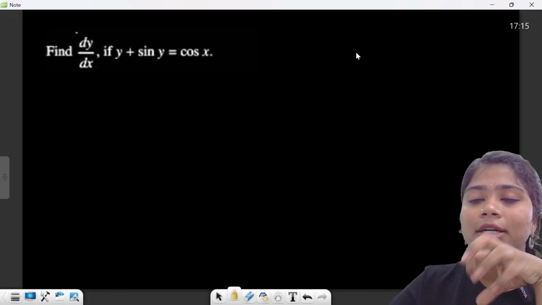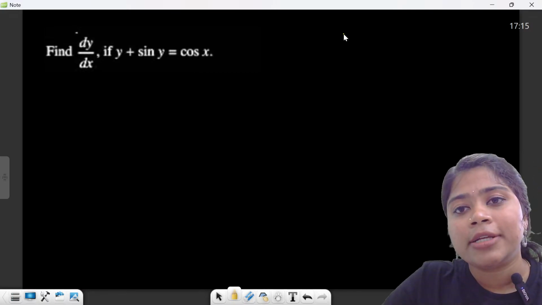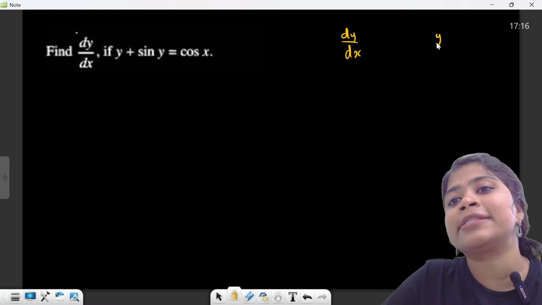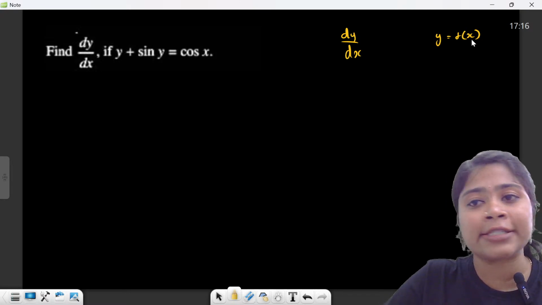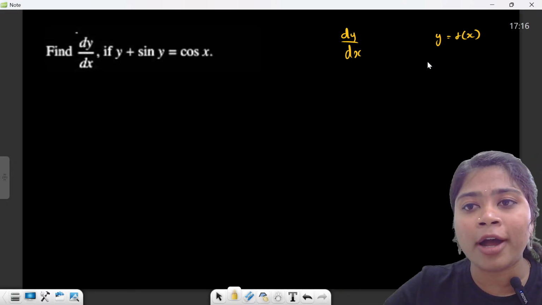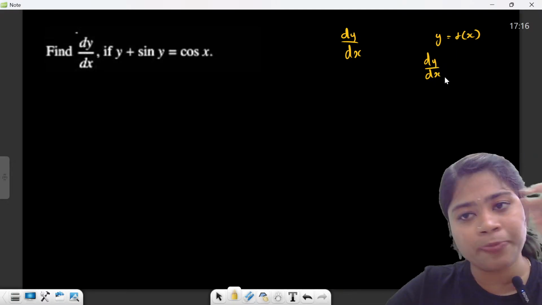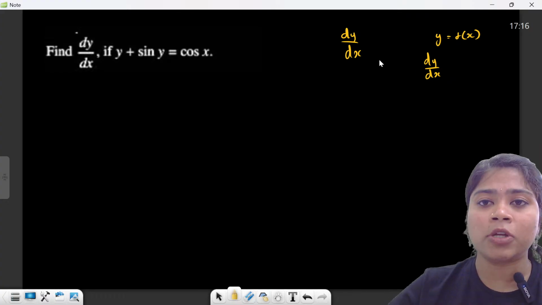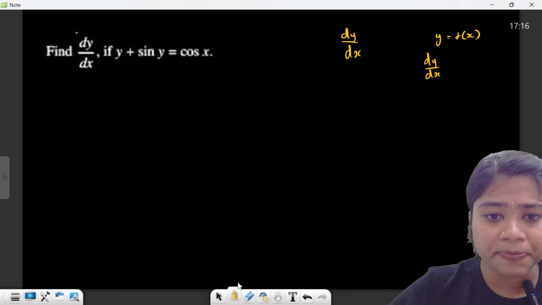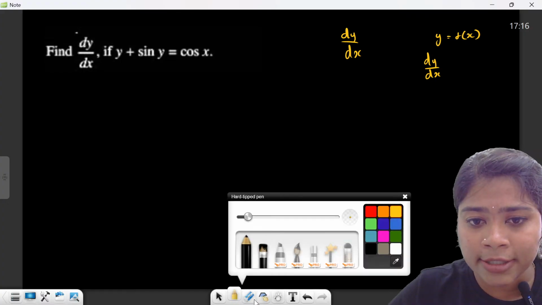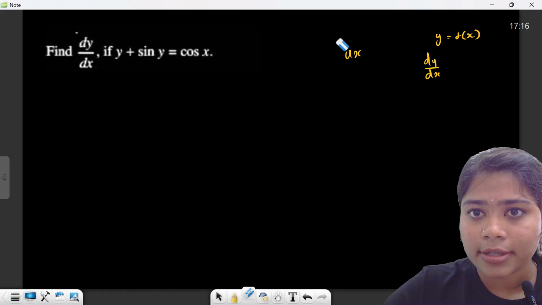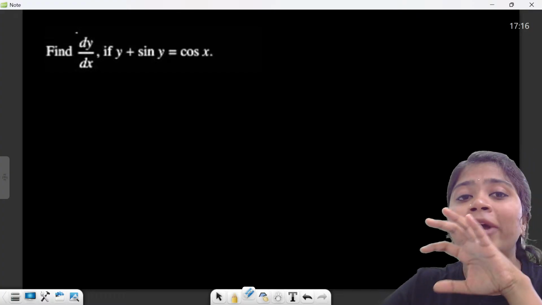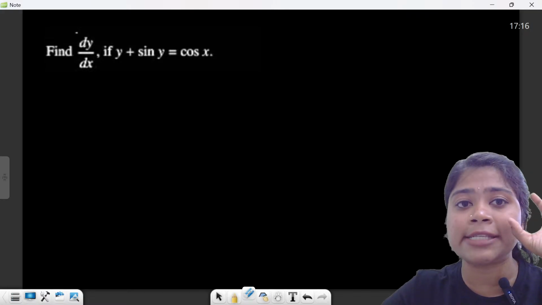So actually, in the last session, if they ask you to find dy by dx, y is given. Y is f of x is given to you. So you just differentiate with respect to x. This we did in the last session. So now what is the difference? You look at the question. So here y plus sin y is equal to cos x is given to us.